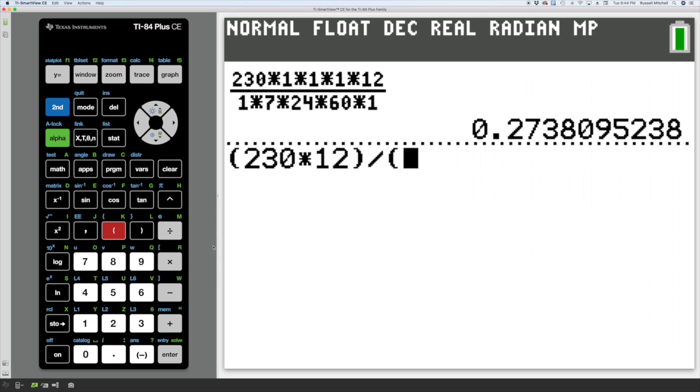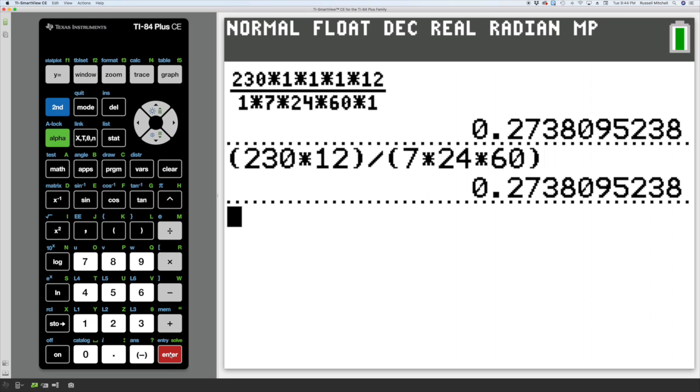Then the denominator would be, leaving off this first one, 7 times 24 times 60, close the parenthesis, press enter, and we get the same answer. So just two different ways of doing it. You don't need to go out and buy an expensive calculator to do this. Any scientific calculator will do this with the parentheses correctly.